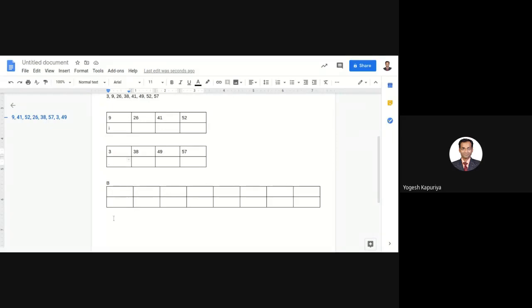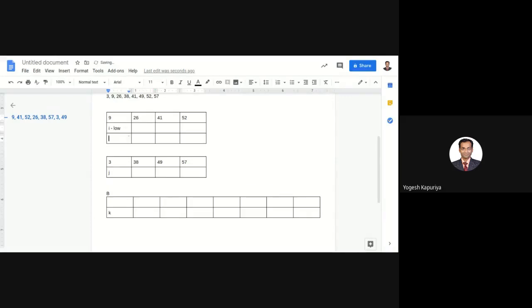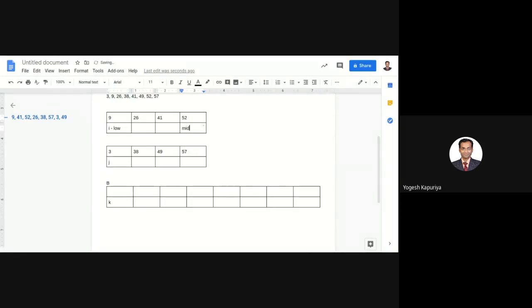Let me write the algorithm here. So I, J, and let us say K. This is my low value, this is my mid value, this is obviously mid plus 1 because that is what we are sorting, and this is my high value.